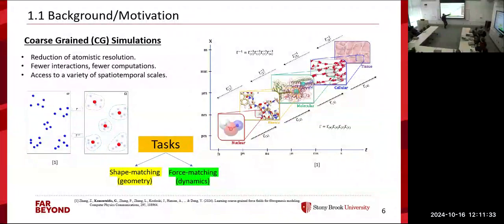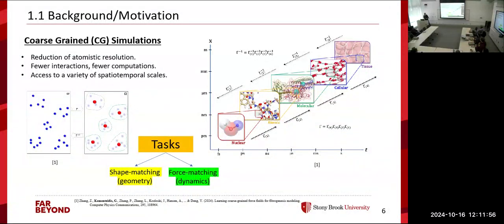Now, we don't just do MD simulations at the atomic level. We can continue and do simulations at the molecular level or even cellular level. So this is a big boost in our ability to access those spatiotemporal scales and simulate a variety of phenomena.